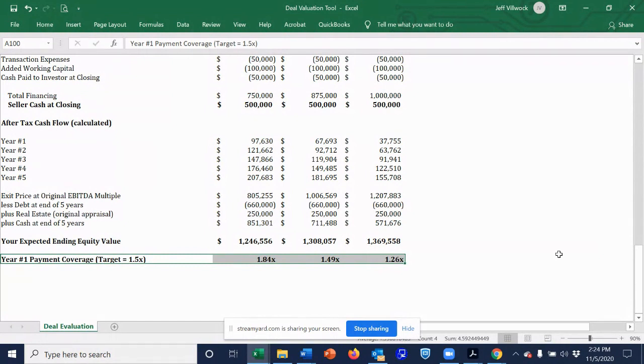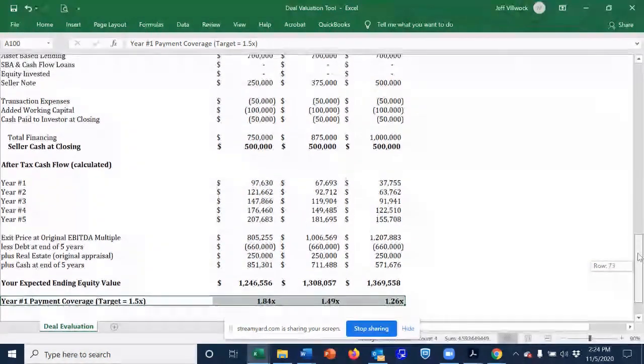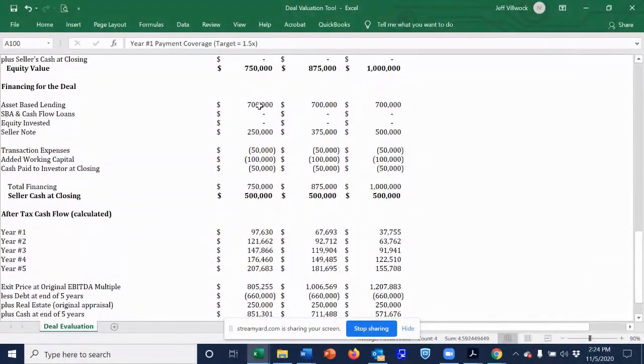But out of that 275, you have to pay interest on your receivables and inventory. You have to pay interest and principal on your real estate loan. You have to pay interest and principal for the seller note. This is where the strings are attached. Yeah, well, that's right. All right.